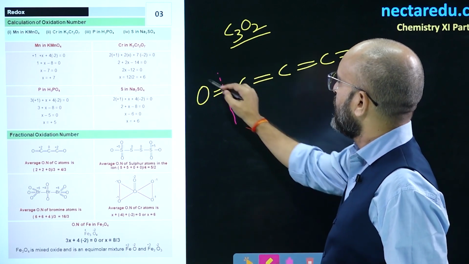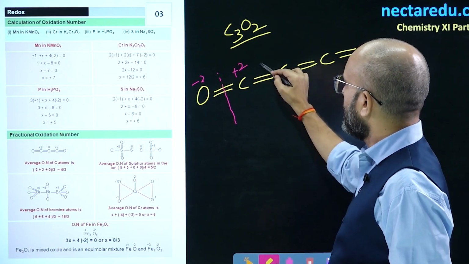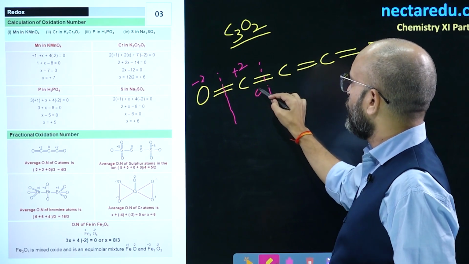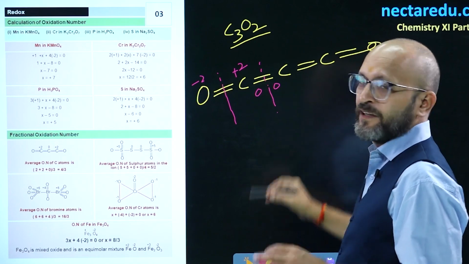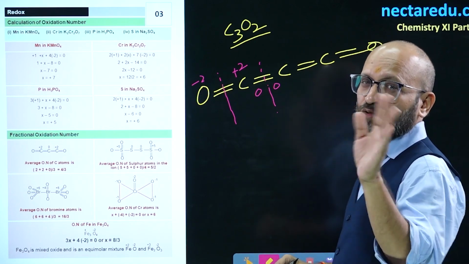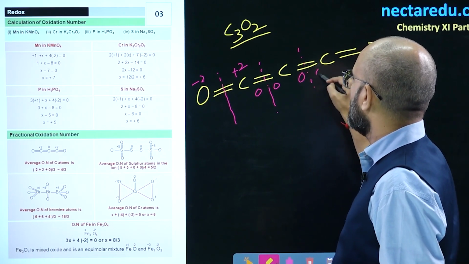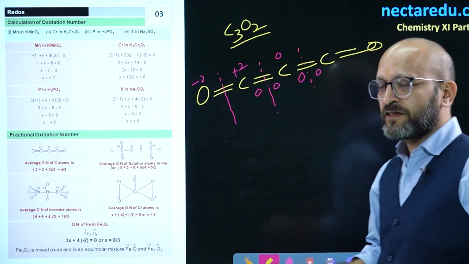We break this bond: -2 on oxygen, +2 on this carbon. Similarly, when we break the bond between carbons, there will be no charges because both are the same atoms with the same electronegativity. So this carbon has a zero oxidation state.